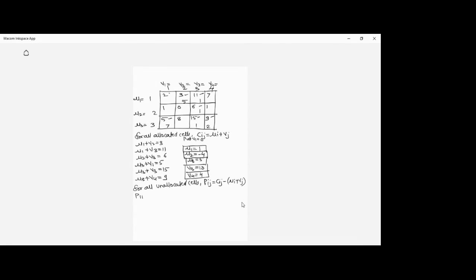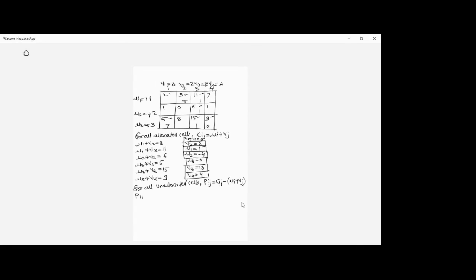If U1 is equal to 1, V2 is equal to 2. So V2 is equal to 2, V3 is equal to 10, and V4 is equal to 4. U1 is equal to 1, U2 is equal to minus 4, and U3 is equal to 5.